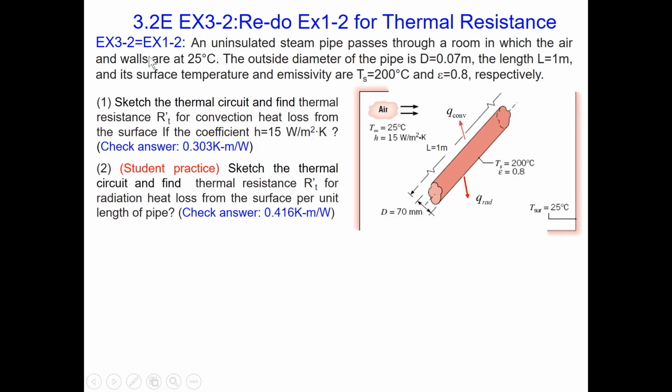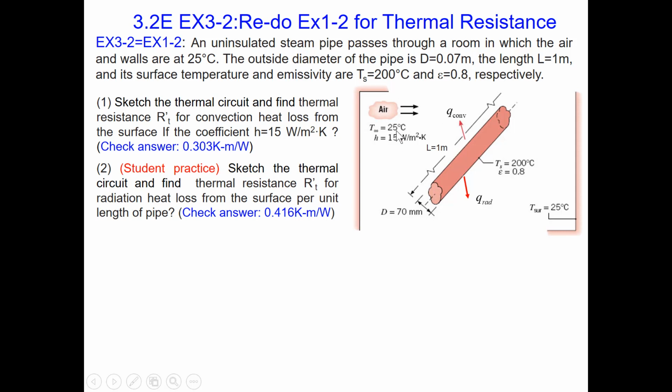Now we move on to example 3-2. We have a steam pipe passing through a large room at a surrounding temperature of 25. The pipe has a diameter of 70 millimeter, length of 1 meter, temperature of 200 degrees, and emissivity of 0.8.